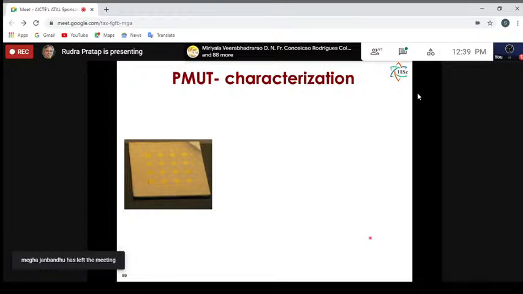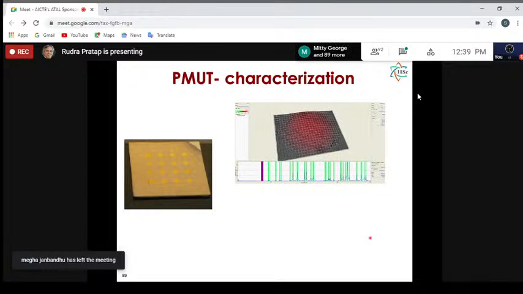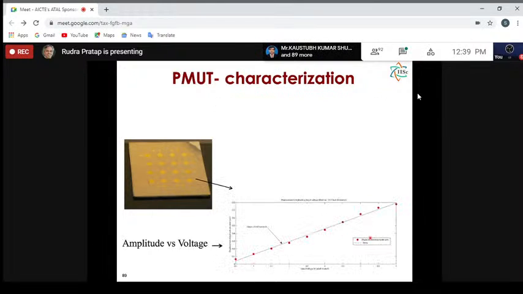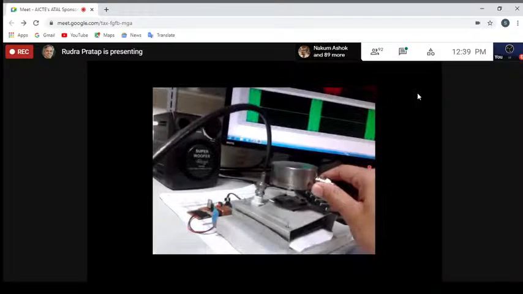Okay, I have run out of time, so I'm just going to rush through a few slides to show you that we indeed make a lot of these devices. You see here input voltage versus displacement of these diaphragms. These are the ultrasound transducers. Very nice response.